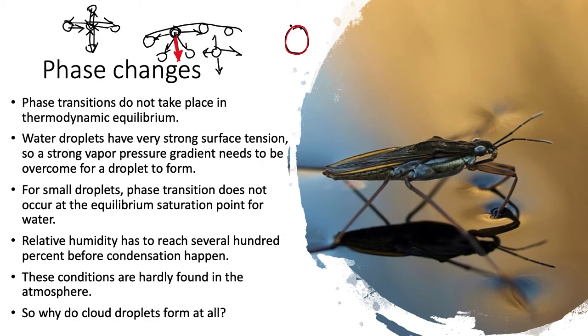So this surface tension is keeping this droplet together, and it's kind of creating a barrier.